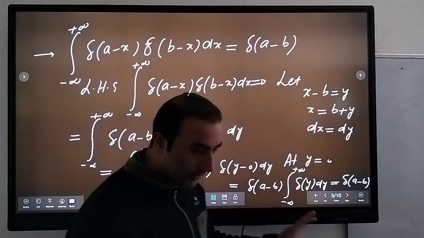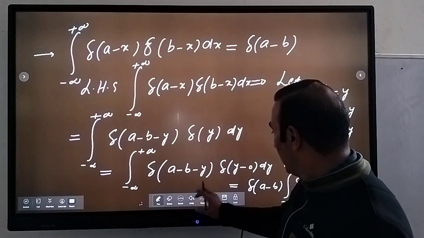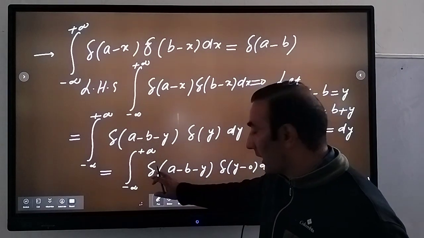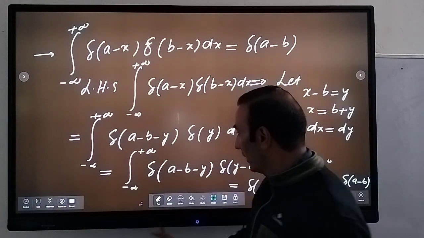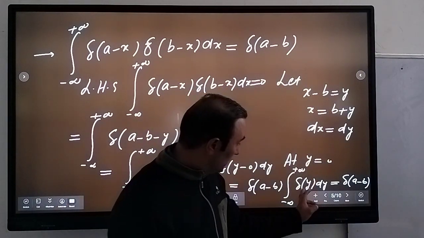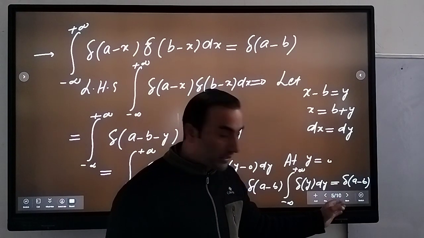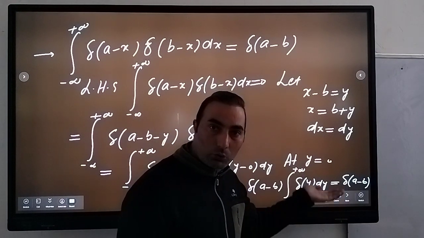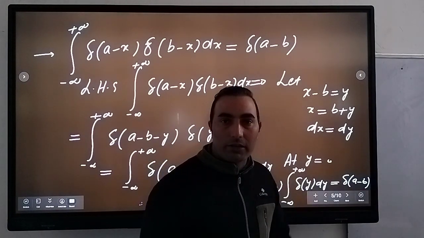Because यहाँ पे मैंने क्या किया, I put that y equal to 0, right? Then when you put y equal to 0, ये बन जाएगा delta of a minus b, because the function of y here, you can take it outside the integral and the value of this integral, using the first property of that Dirac Delta function, तो इसका value 1 आ जाएगा. When you calculate area under that curve, it is equal to 1. So this should be equal to delta of a minus b.